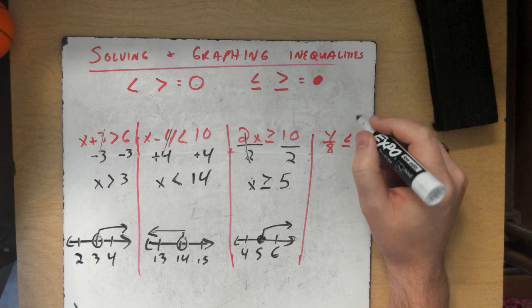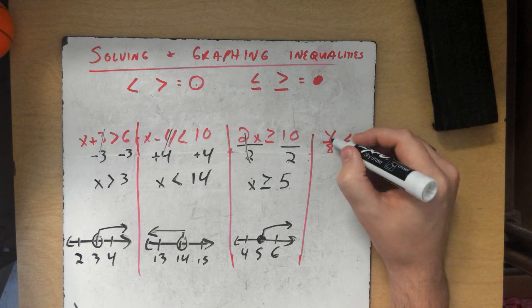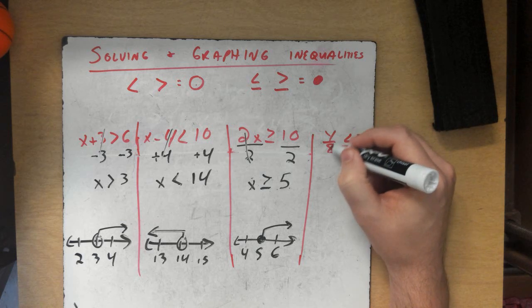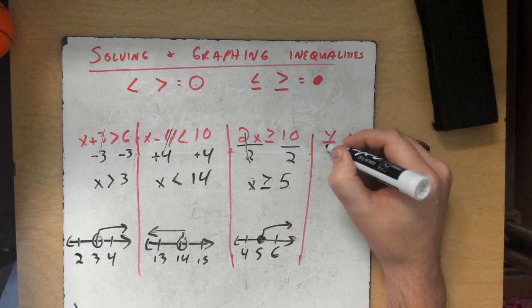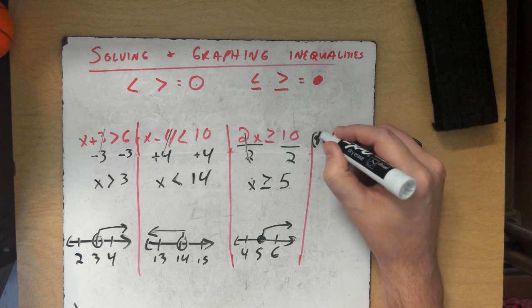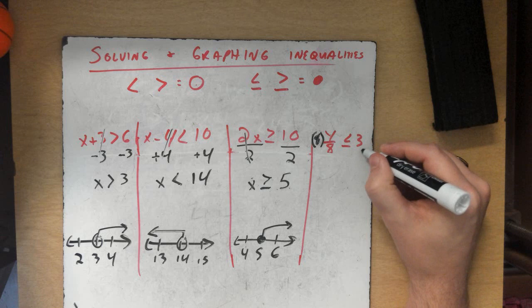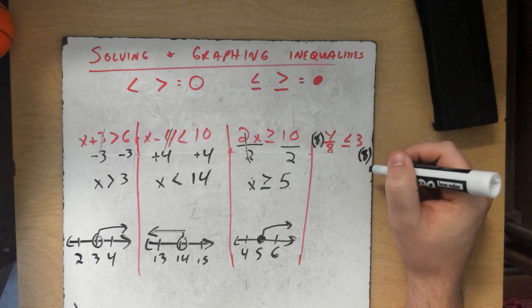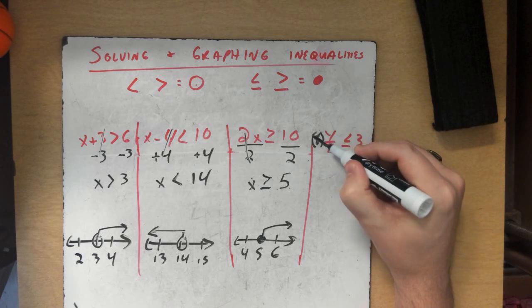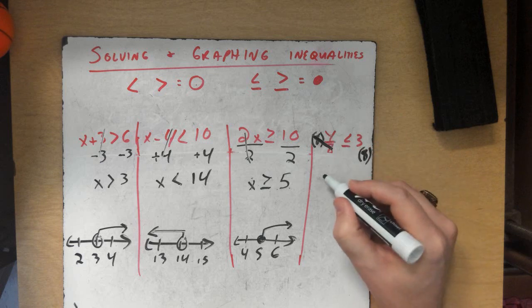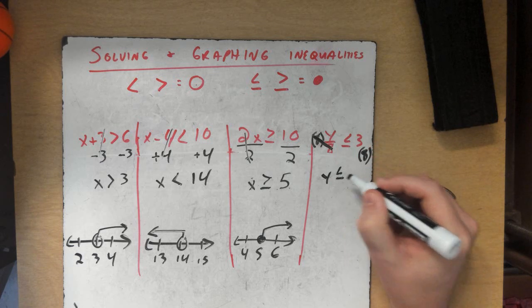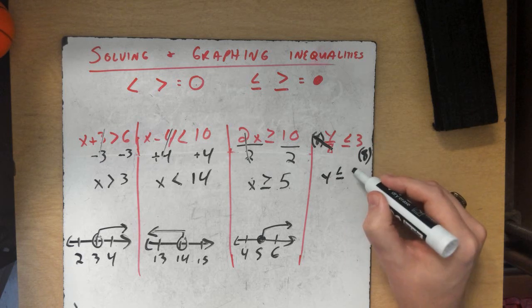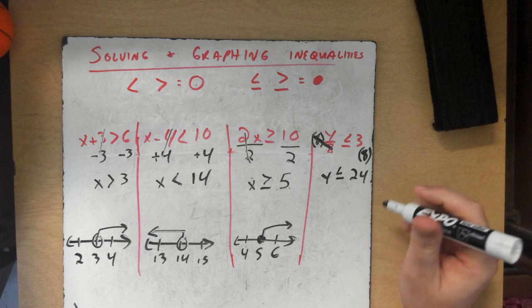So what is the opposite of divide? Multiply. Because the y and the 8 are together, we need to multiply by 8 on both sides. When we do that, these 8's here cancel out. Our y comes down, our symbol comes down, and 3 times 8 equals 24.